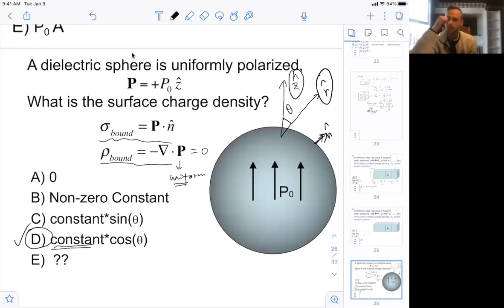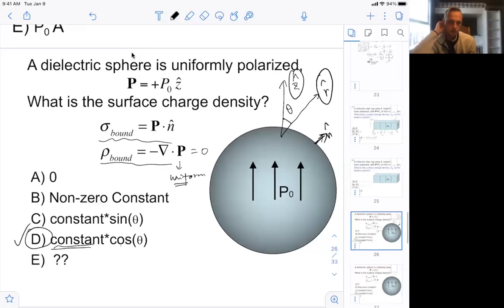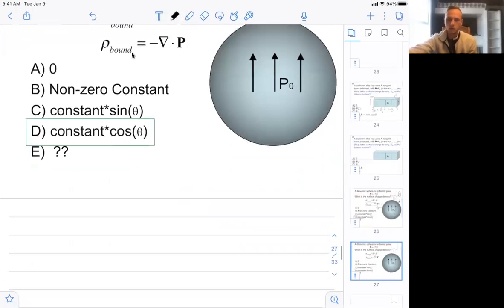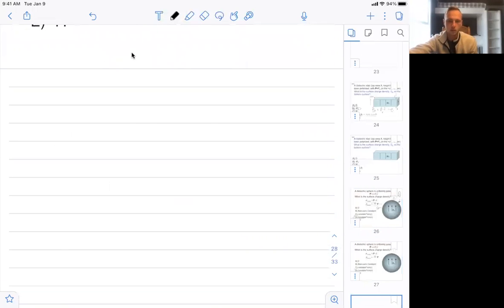If you're looking at this using polarization, you may think, oh, that does not look familiar. But that is exactly an example you have already seen in chapter 3. It is example 3.9 in your textbook.